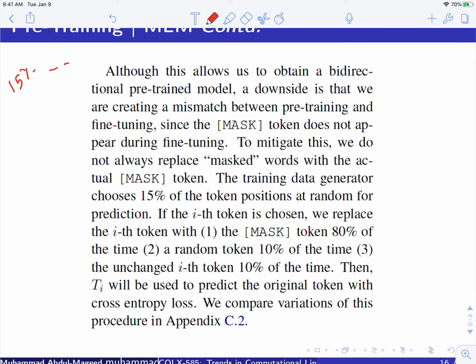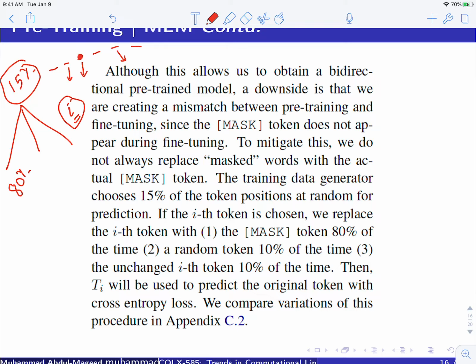So this was our text, and let's say this word was picked, this word was picked, and this word was picked. These are the 15%. Let's pick one of them as one index in the 15%. Once we pick the 15%, for each index in it, we are going to do the following.